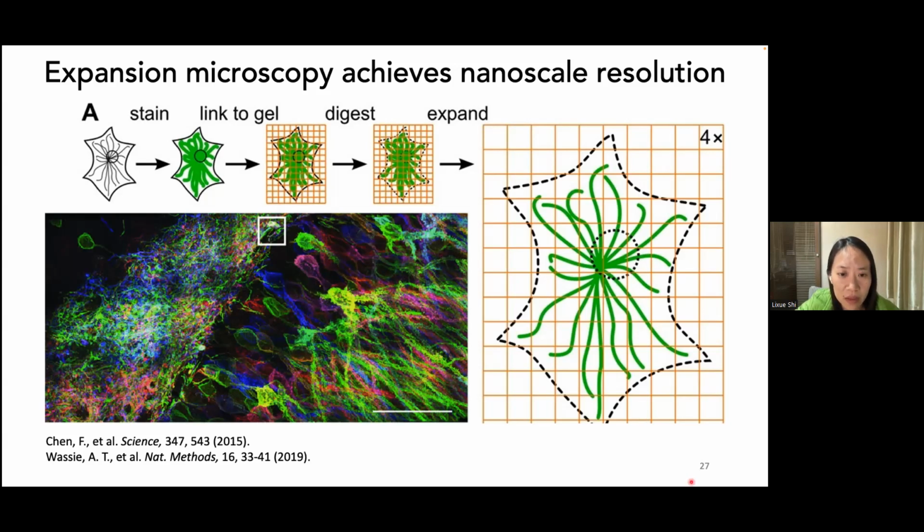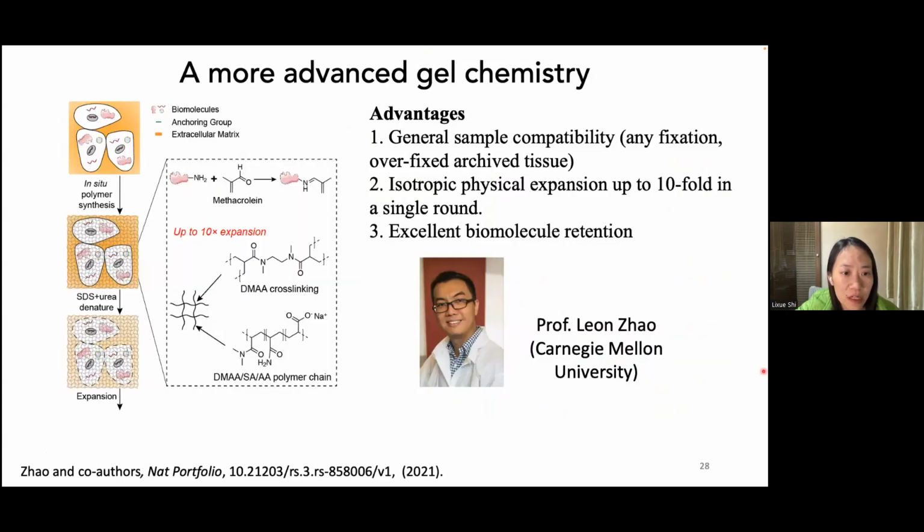But expansion microscopy was also initially developed for fluorescence. Again, similar to tissue clearing, there was little exploration done for vibrational imaging. So in collaboration with Professor Leon Zhao at Carnegie Mellon University, we integrated Raman with the most recent advancement in expansion microscopy. Three major optimizations were applied in our new expansion method.